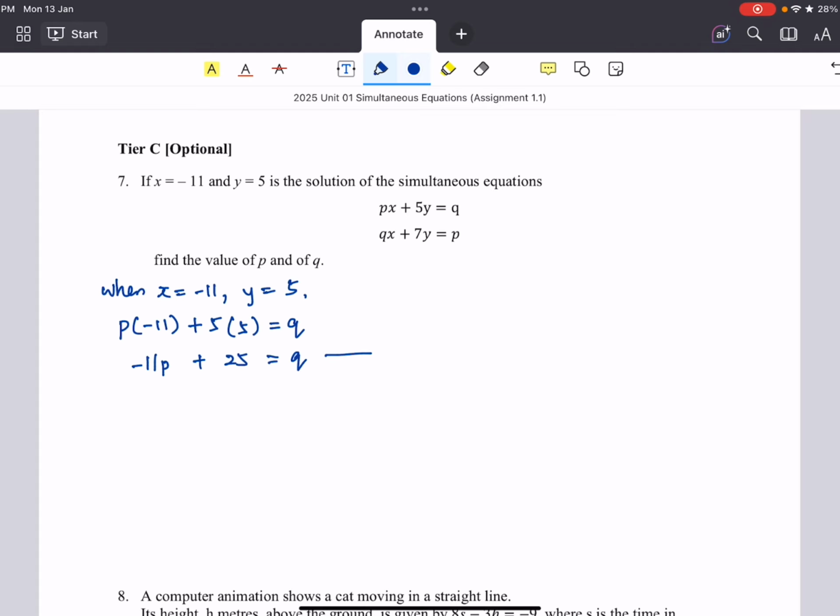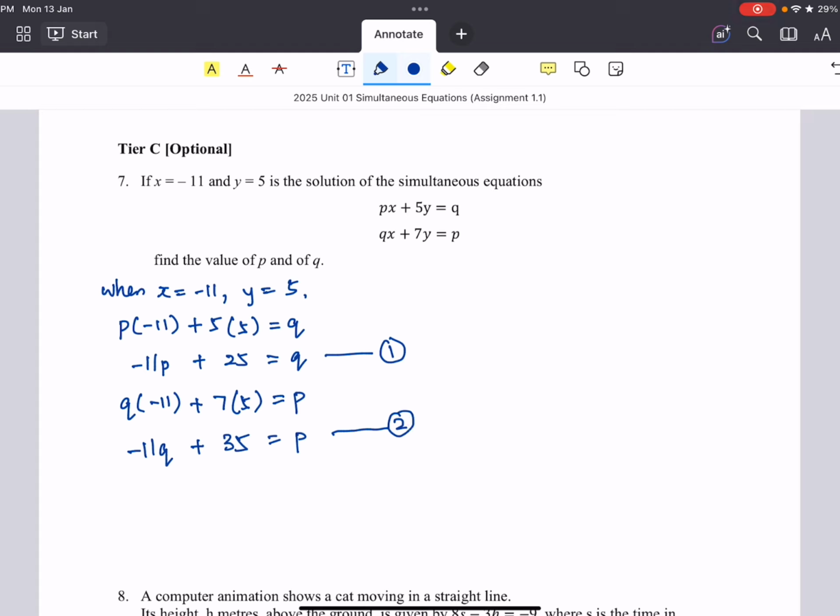I'm going to call this equation 1. Then the same thing will happen for the second equation: q times x, which is negative 11, plus 7 times 5, where y is 5, equals p. So negative 11q plus 35 equals p. And we'll call this equation 2.